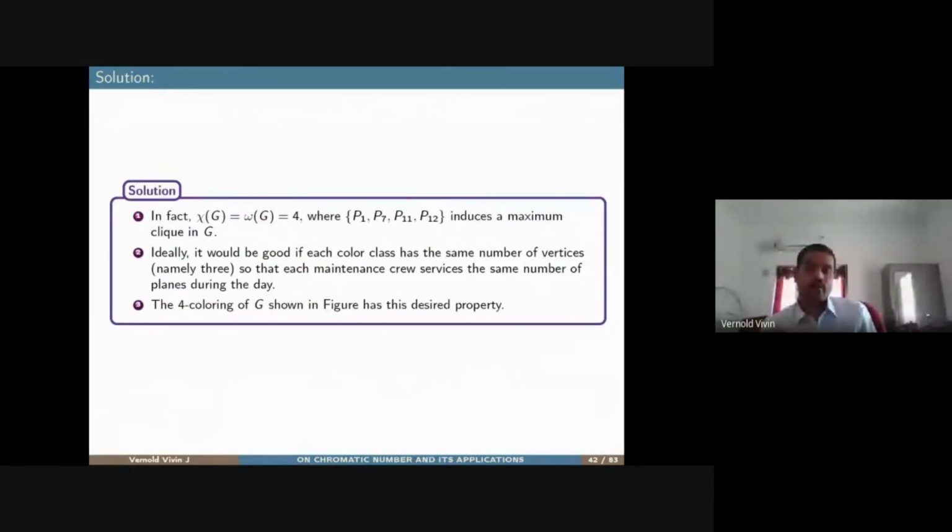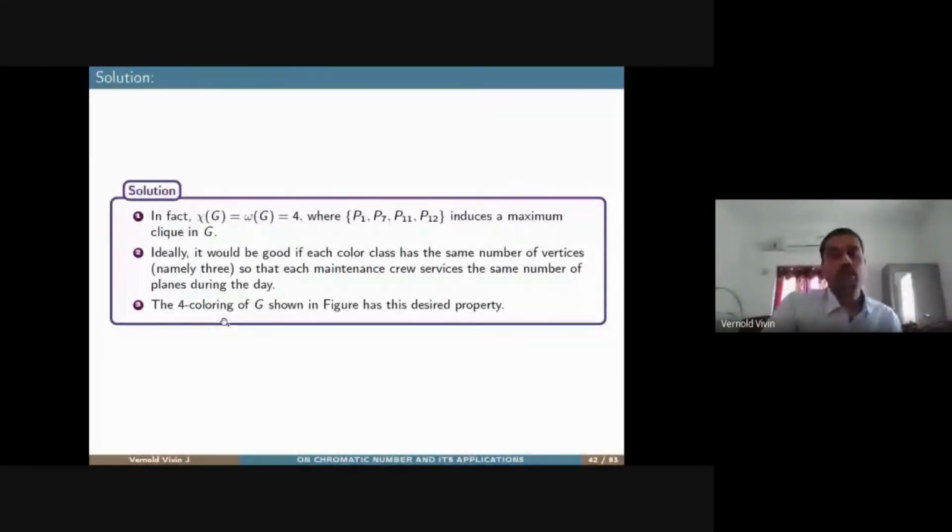So 4 into 3, 12 planes will get serviced on this particular time schedule. So 4 colors are required, and we have split those into 4 color classes. P1, P7, P11, and P12 induce a clique. So all these 4 service stations will each be servicing 3 planes. Okay.